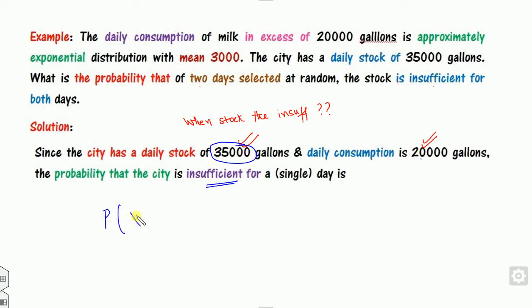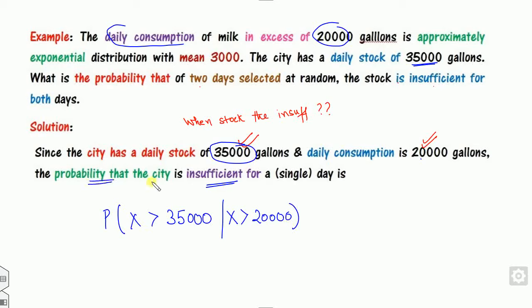When someone wants milk more than 35,000, because the city has a daily stock of this. If someone wants greater than 35,000, then definitely it will be insufficient. But the daily consumption of the milk is 20,000, so this is the condition.